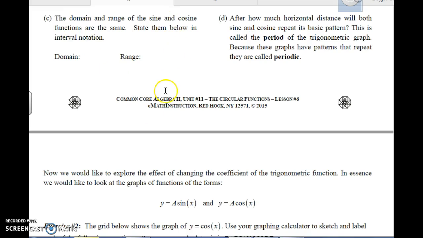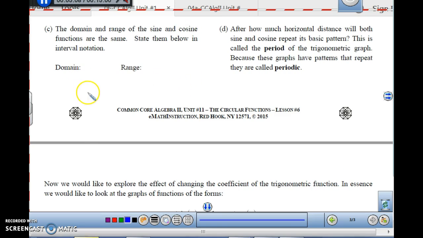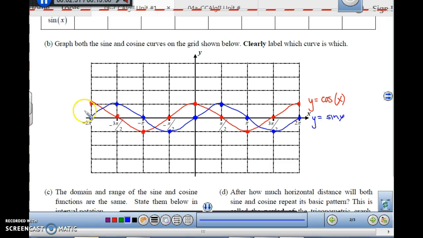Okay, the domain and range of the sine and cosine functions are the same. State them below in interval notation. Now, the domain is the x values. Even though it's in radian mode, we can see this is just going to keep going in the same pattern, isn't it? So it's going to be any real number for the domain, because this can keep going out as far as you want.